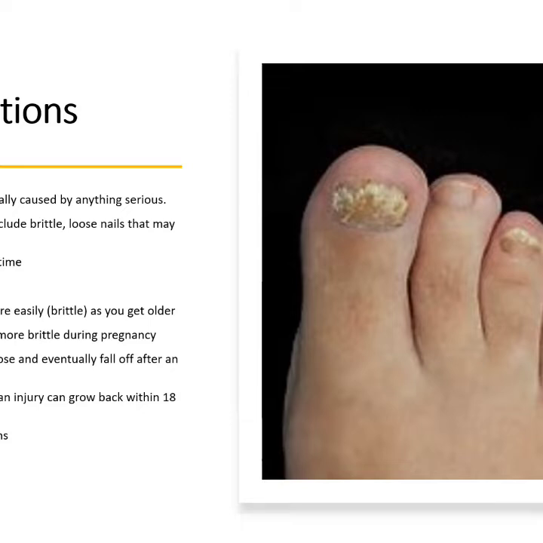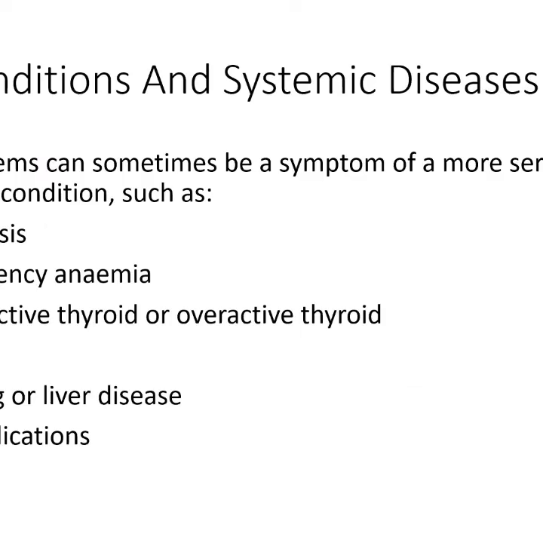And these nail conditions also can be a sign or symptom of a systemic disease, because some serious or long-term conditions such as nail psoriasis, iron deficiency, anemia, and underactive thyroid or overactive thyroid can cause the nail to change in color.